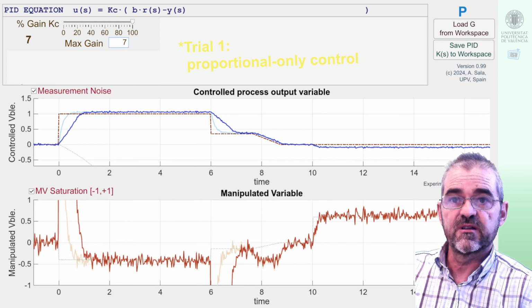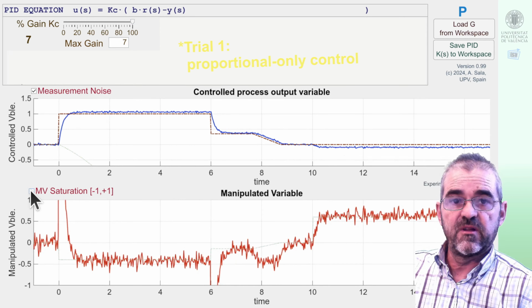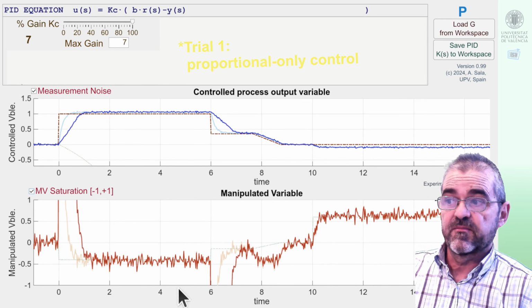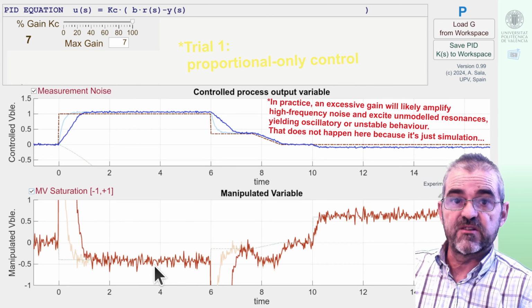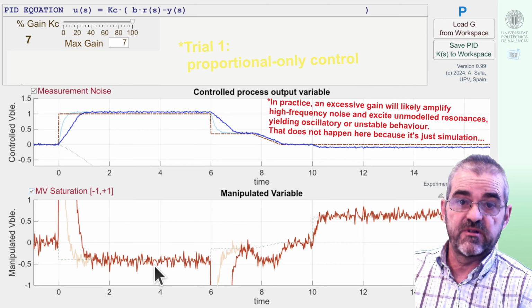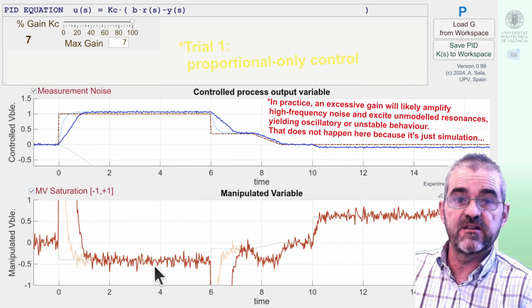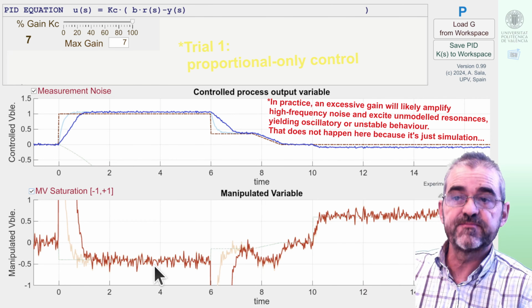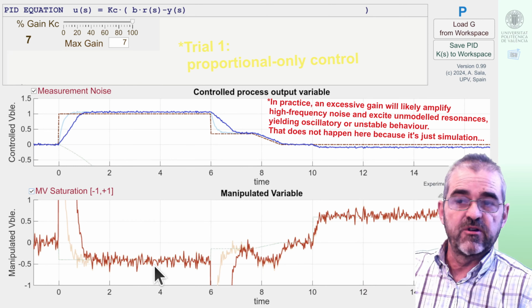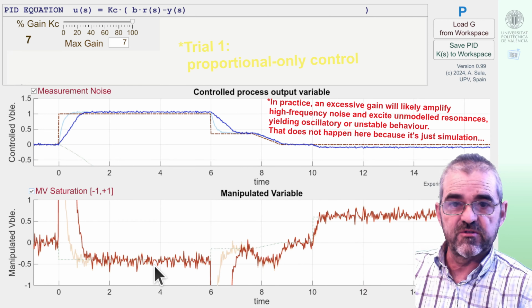So if I put a lot of gain, even if in theory my transient will be very fast and I will have low error, maybe the high frequency noise amplification is too large for me, because in practice, for instance, I would excite high frequency non-modeled dynamics in the sense that my valves take some time to open, there is turbulence and non-uniform concentration of things inside the reactor.